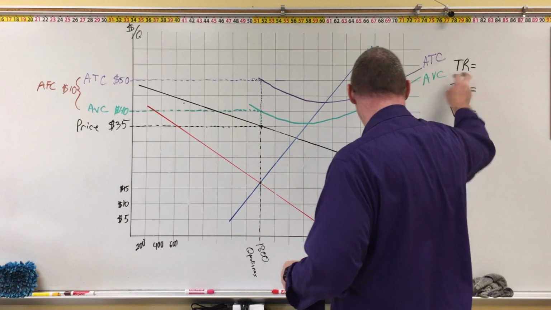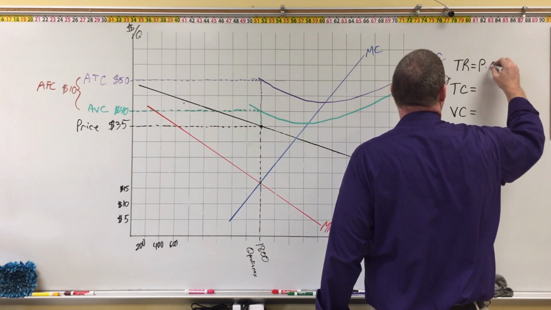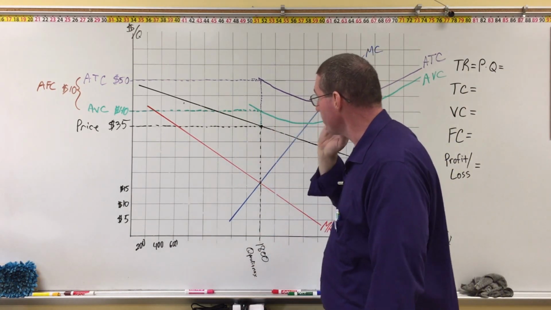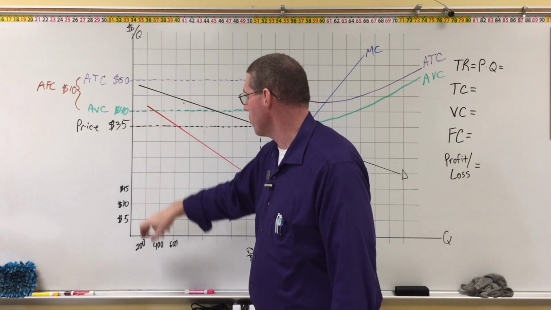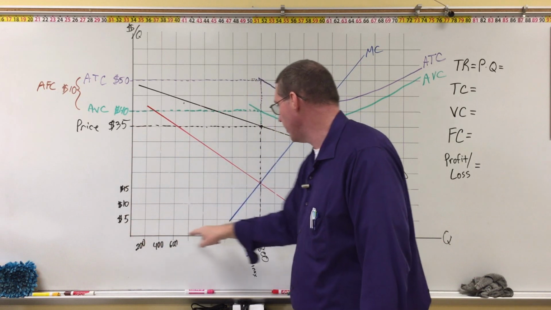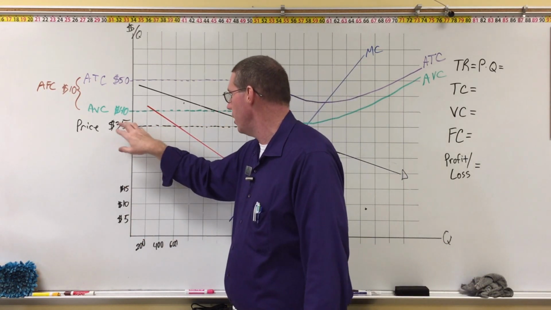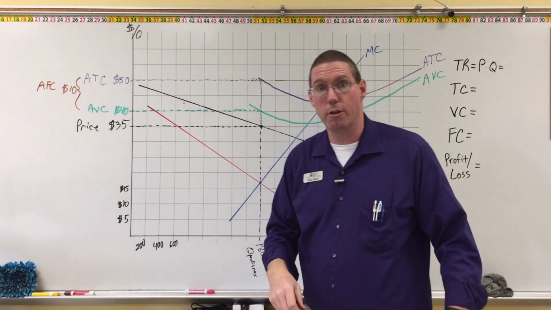All right, so we know that total revenue, how do we identify total revenue? Well, that's equal to price times quantity, right? Price is $35, and the quantity is 1,800 units. And so you see this rectangle here, which is now really weird because in the last couple examples that we did, the total revenue rectangle was the largest of all the rectangles.